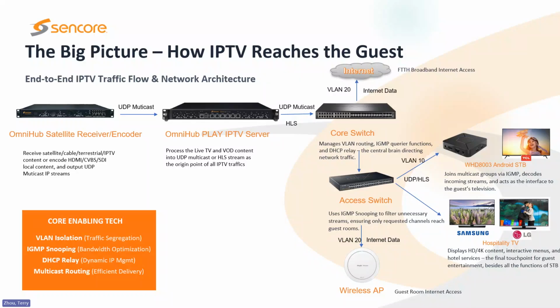The reason to use a VLAN is that multicast can actually flood the network sometimes if the network is not properly configured. So usually for the TV service, especially the UDP multicast stream service, they will use a dedicated VLAN.